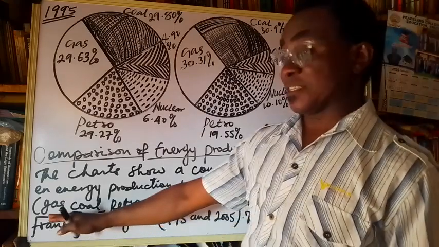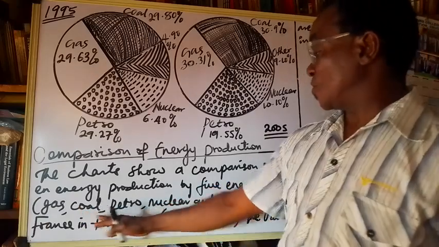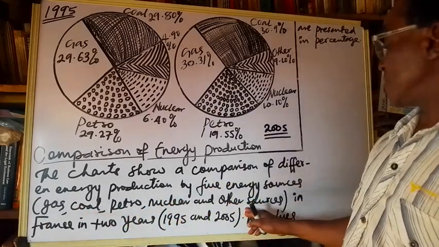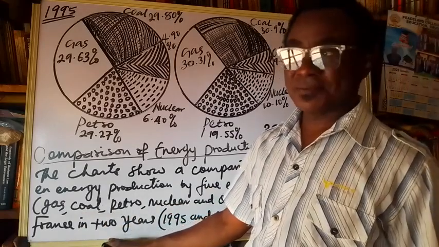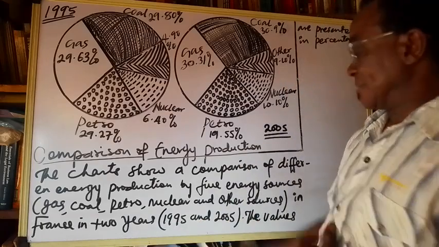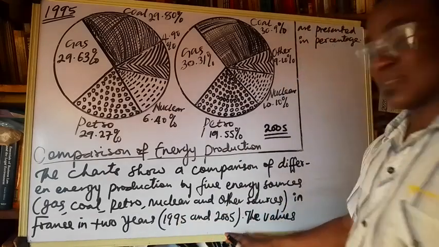The energy sources are mentioned in brackets: gas, coal, petrol, nuclear, and other sources. In France, in 2 years, that is 1995 and 2005.